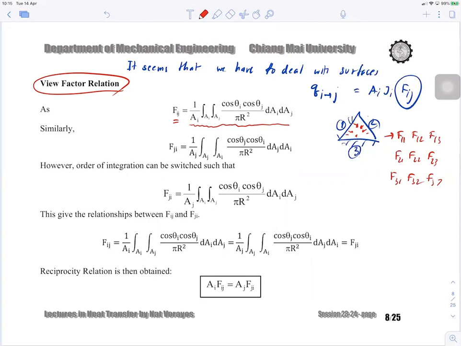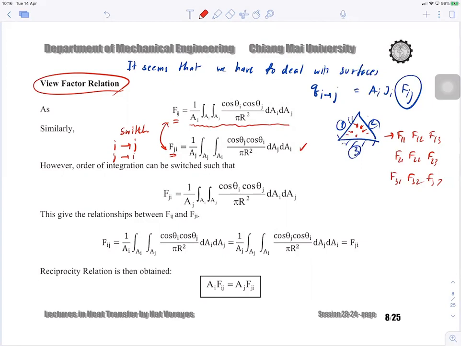How about if you want to find Fji? Fji is just switching between i to j and j to i. So I just substitute what previously is i with j and what is previously j with i. And I got this equation, okay?